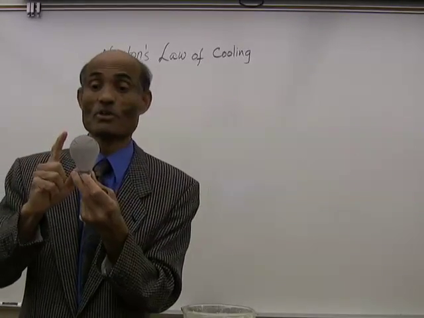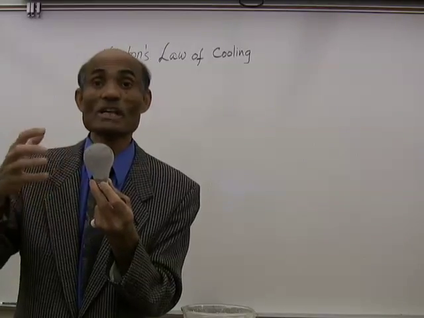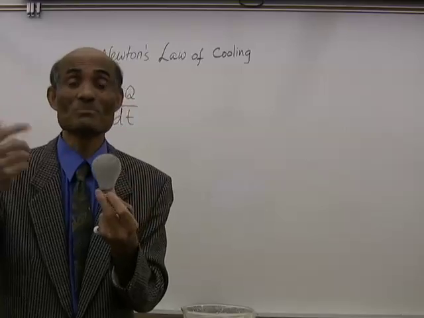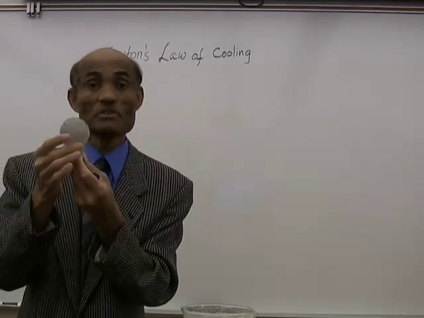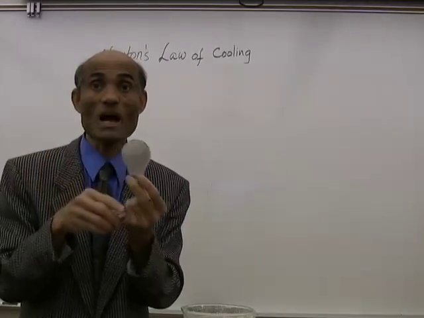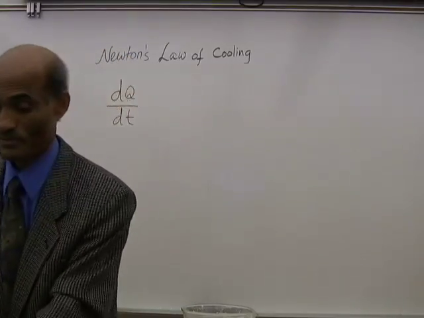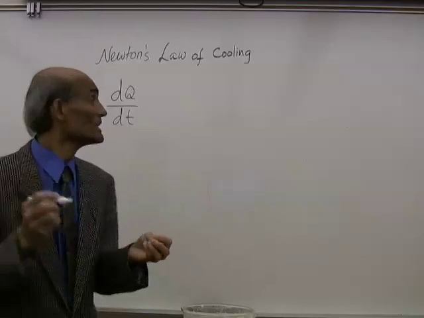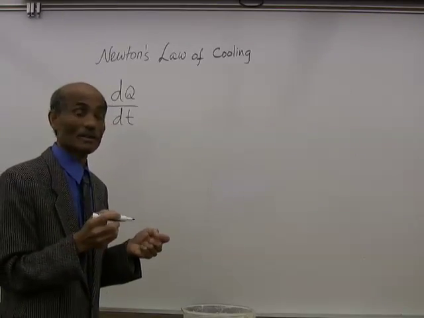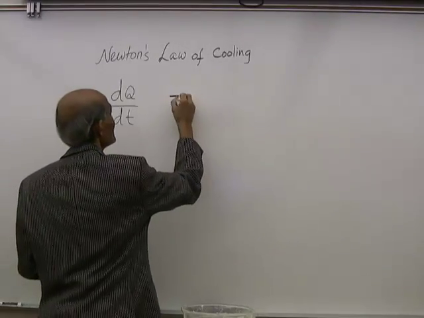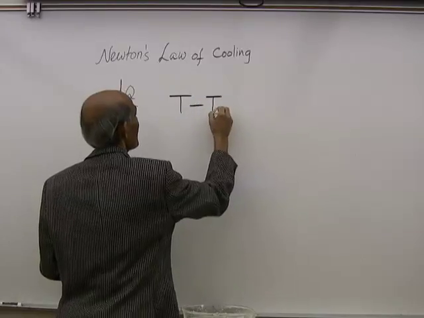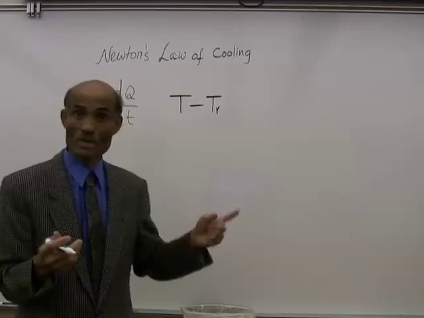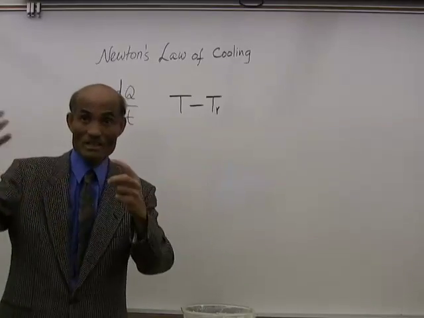Another factor which determines the rate of cooling is the temperature of the surrounding room, in other words, the room temperature. So, if the temperature of the object is uppercase T and the temperature of the surrounding is T sub R, then this quantity T minus T_R is called the excess temperature. Is that right? T minus T_R is the excess temperature.